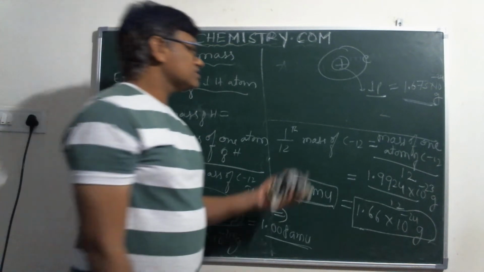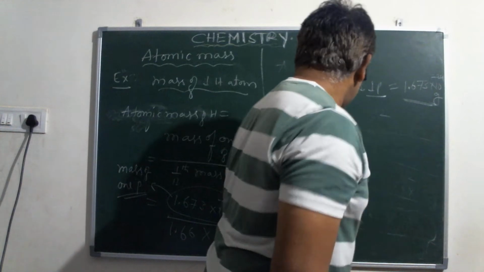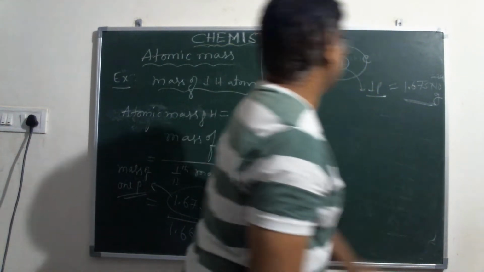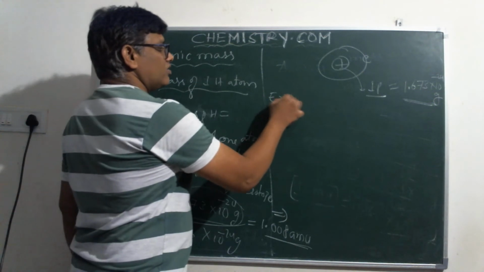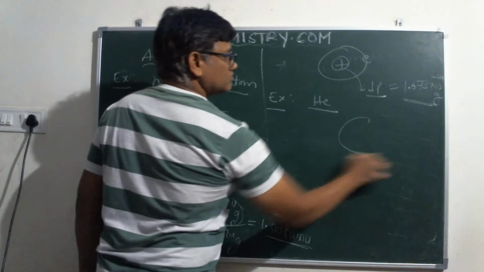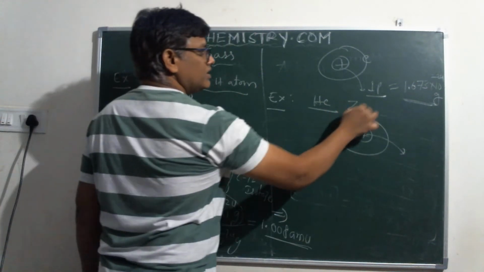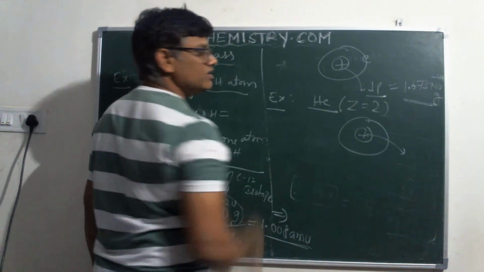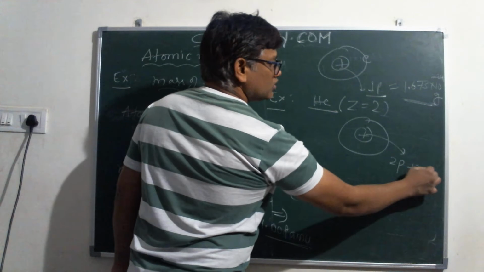Now, for example, I am taking one more element to calculate the mass unit: helium. The atomic number, Z value, of helium is 2. In the nucleus of a helium atom, 2 protons and 2 neutrons are present.